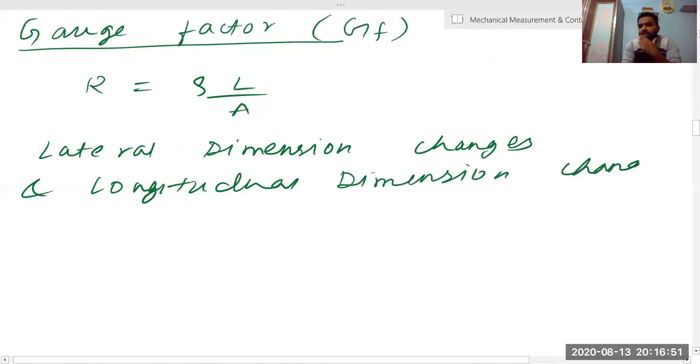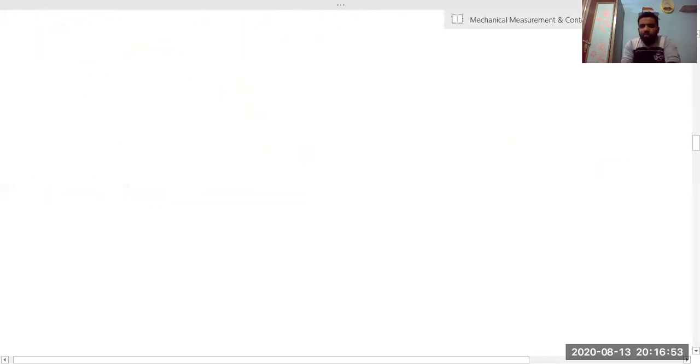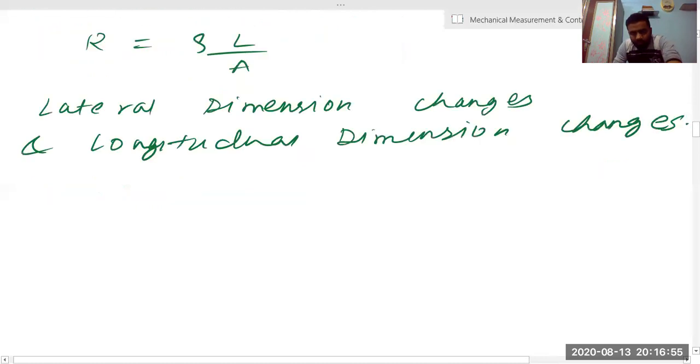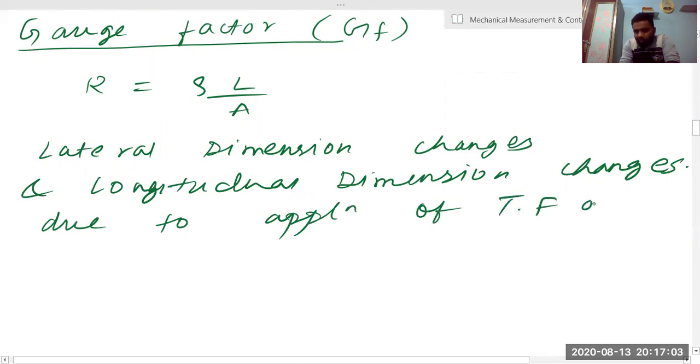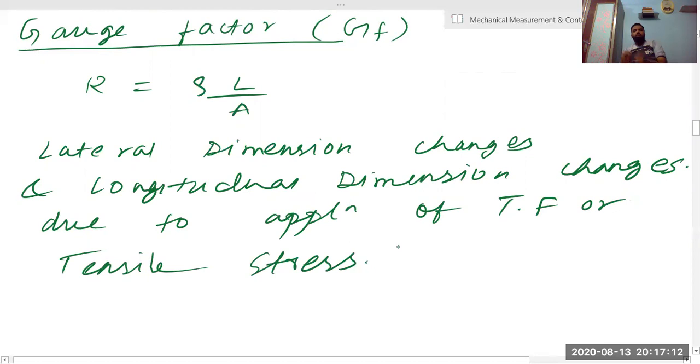Suppose I am applying a tensile force; you can even apply compressive force, there is no issue in the application of either force. The lateral dimension and longitudinal dimension change due to the application of tensile force or tensile stress.